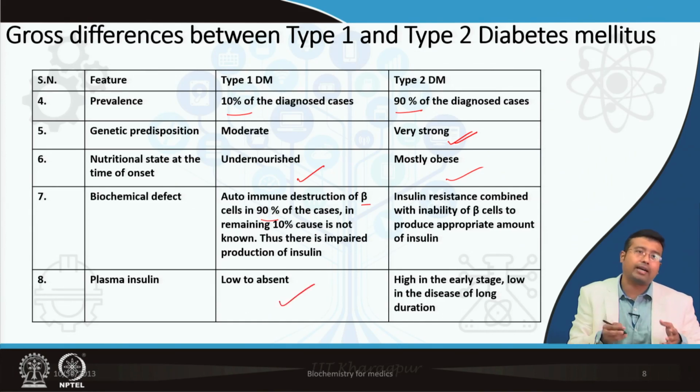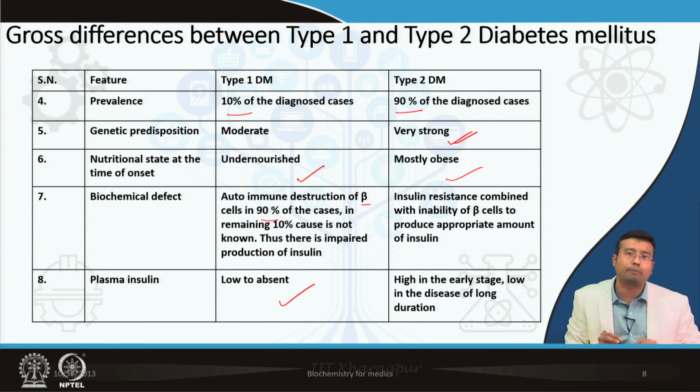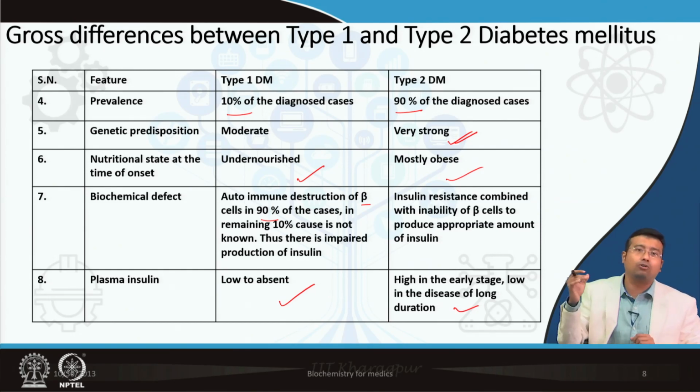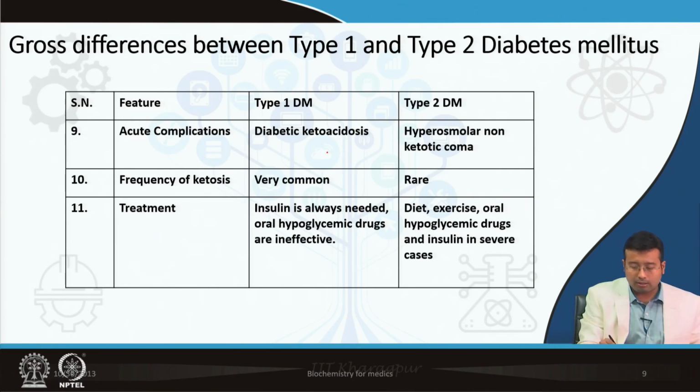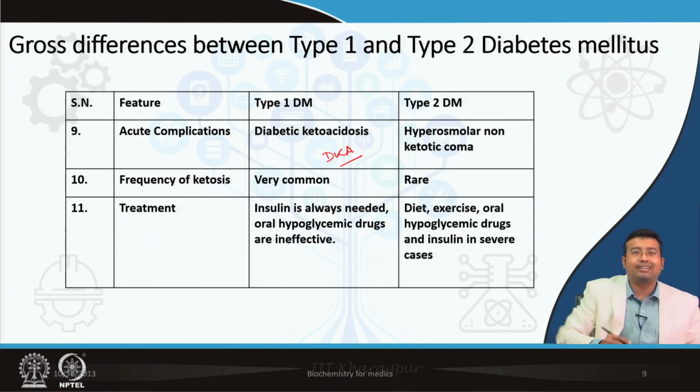As you have guessed rightly, plasma insulin is low to absent in type 1, whereas in type 2 it is high in the early stage. There is something known as compensatory hyperinsulinemia, but as we go on, beta cell dysfunction happens and again it is low. The acute complication in type 1 is diabetic ketoacidosis, abbreviated as DKA.